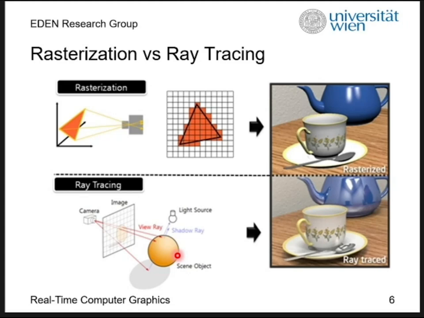And do this recursively until the ray actually hits some kind of a light source. And then you can follow the path from the light source to the camera and determine the light that is actually seen from this object.